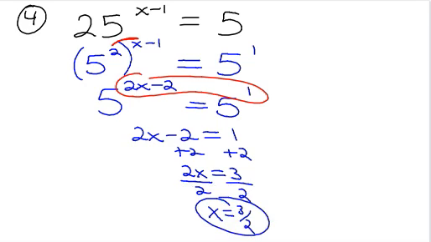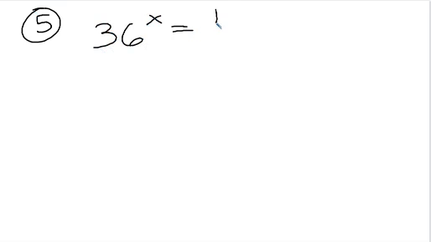Now, just a couple other, I guess we would call it hints or tricks that you would need in some special situations. If I had this problem, 36 to the x equals 1/6. Well, we really do know how to deal with this. You just may have forgotten what we learned about negative exponents. Do you remember? I'm going to make up a problem here.